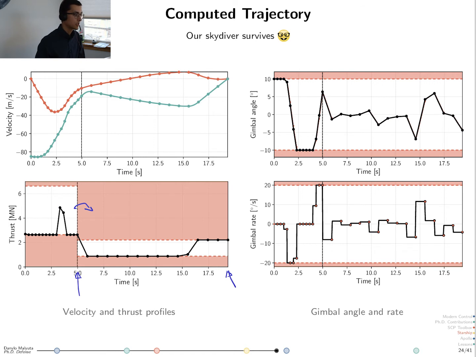Here's the switch from 3 to 1 engines, and this switch time of 5 seconds is decided by the optimizer. I did a short test of timing the YouTube videos, and the real Starship does land in roughly the same amount of time as this simple optimization example gives, which is nice to see.